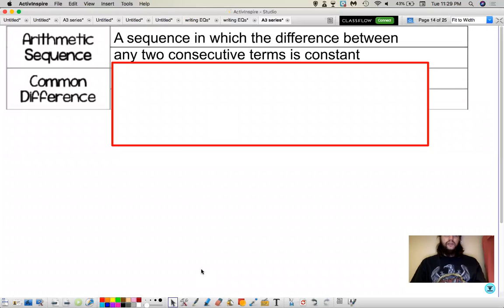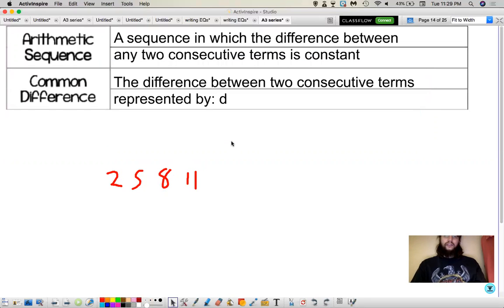So even something like 2, 5, 8, 11. So 5 minus 2 is 3, 8 minus 5 is 3, 11 minus 8 is 3. The common difference then would be the 3. That's just whatever the difference, that subtraction, is between the two consecutive terms.